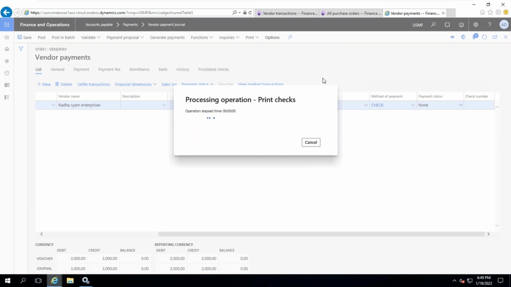The second time it will be faster because they are already generated. Let it be processed.